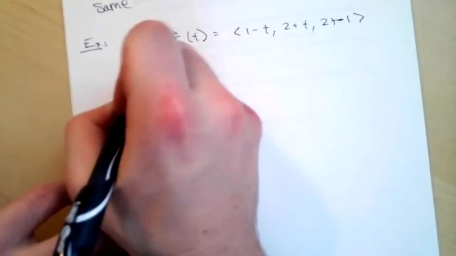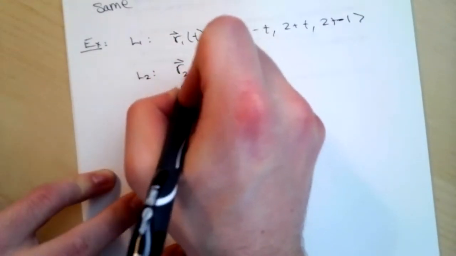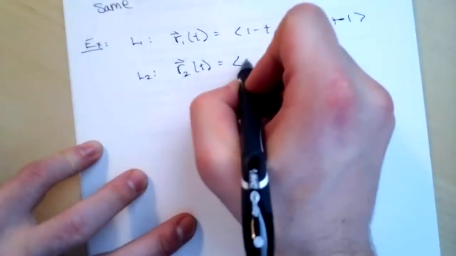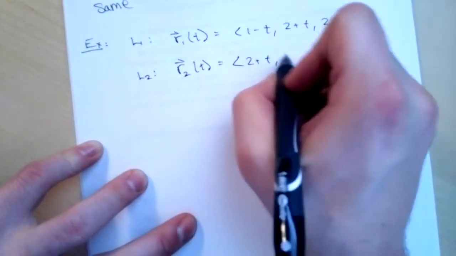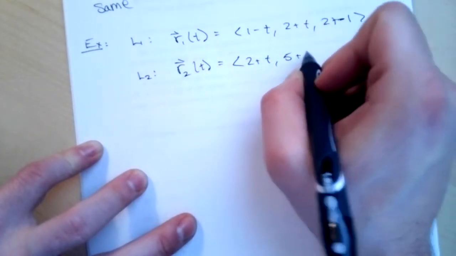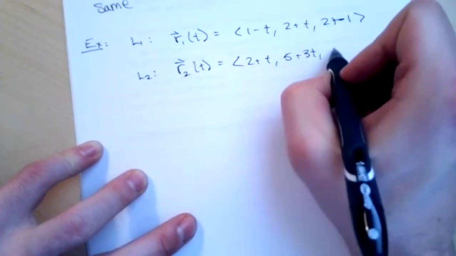And I guess we could call this R1. Let's call L2 R2, and our equations are 2 plus t, 5 plus 3t, and t.